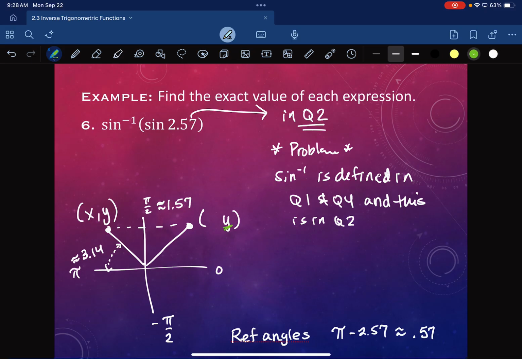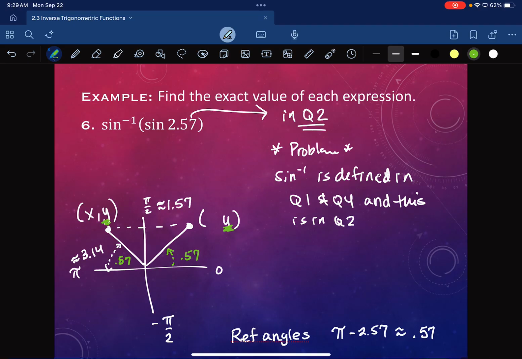Like these match, right? But in order for them to match, this measure has to be the same as the measure over here that we said was 0.57. So this angle measure and this angle measure have to match in order for those y values to be the same. That's where the reference angle is coming from.